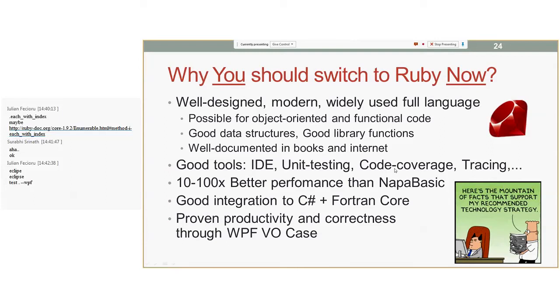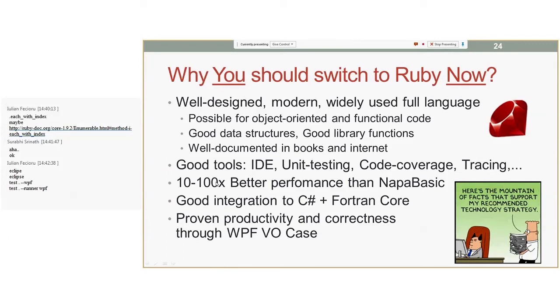Code coverage, we were investing in making tools for code coverage and tracing, which made the VPFVO project a bit longer, but these tools are now all available, done, and benefiting any consequent projects.